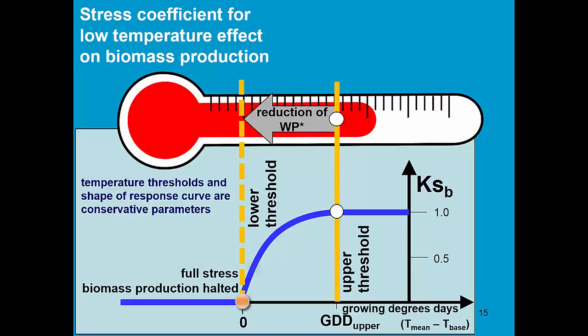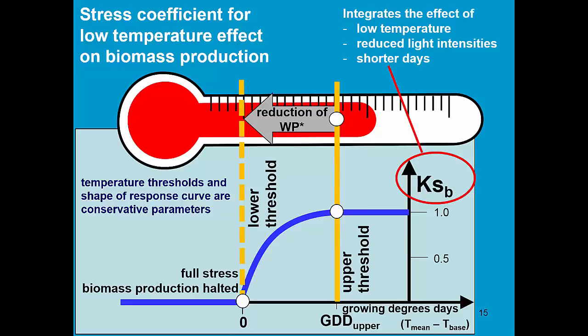When it gets warmer, when the average temperature is above the base temperature, the biomass production is going to increase. But it will only become at its full potential at the upper threshold. As long as the average temperature is below the upper threshold, biomass production is reduced due to cold stress.